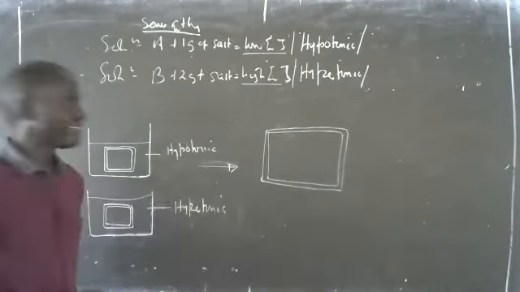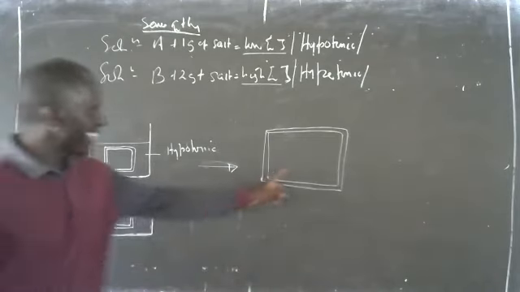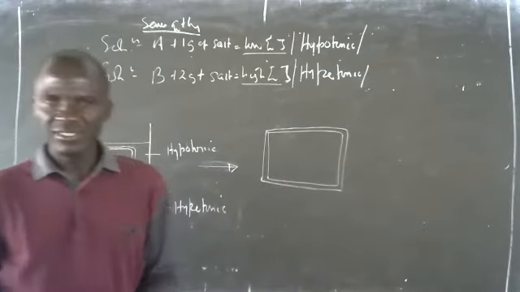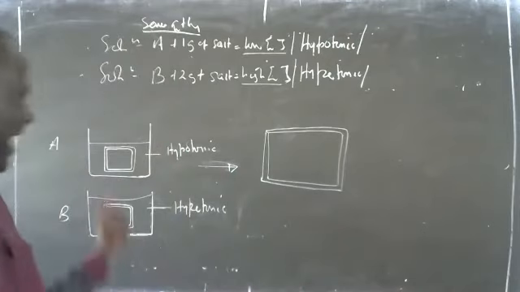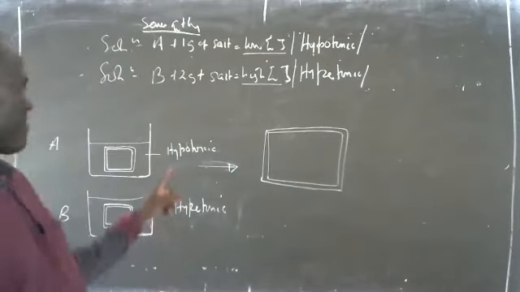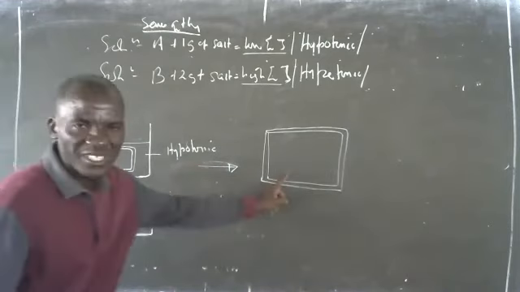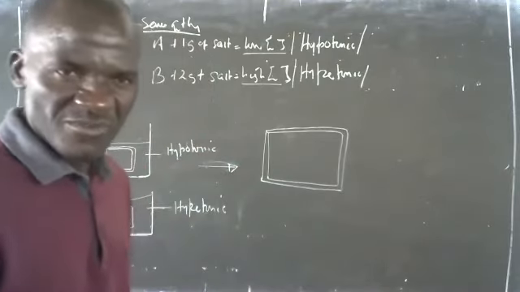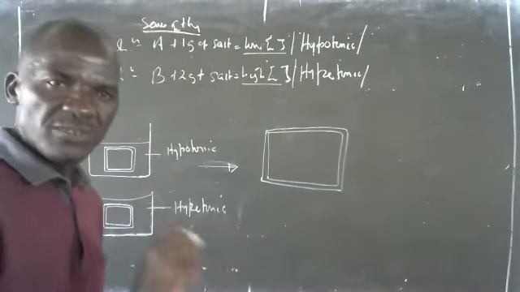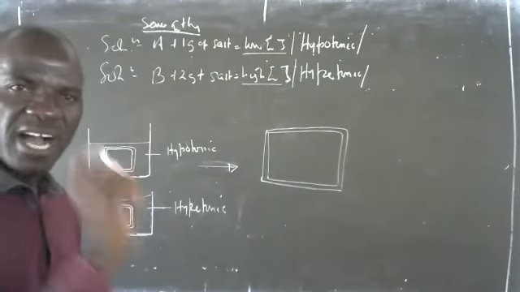For clarity, now I may ask you, this cell, based on our definition, someone should be ready to tell us. Will this cell A, based on that definition, lose water or gain water? In what direction will water move? Will water move into the cell based on the definition, or will it move outside the cell?